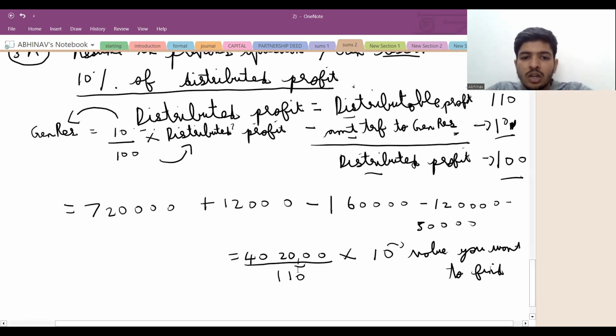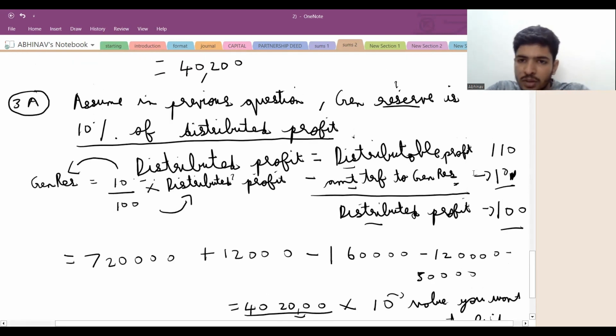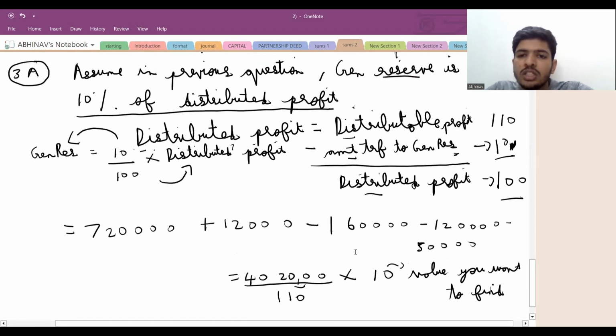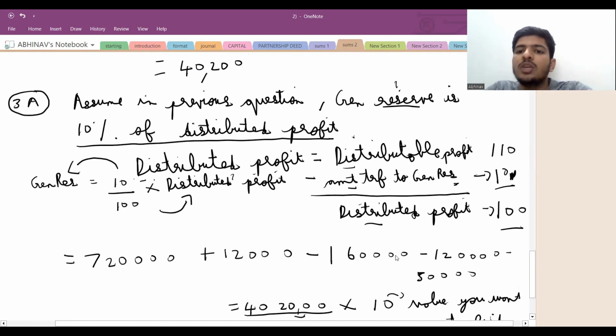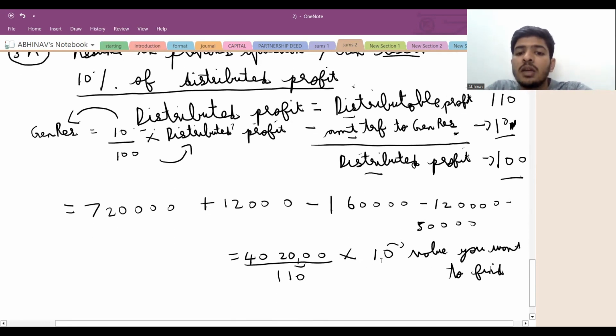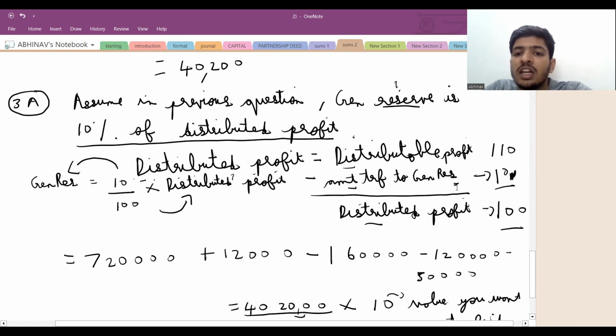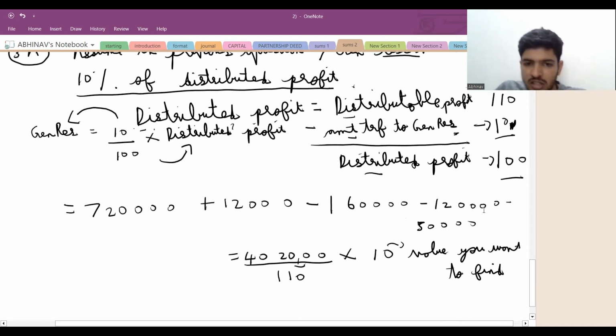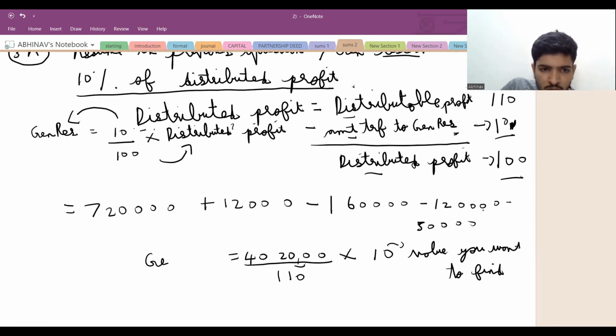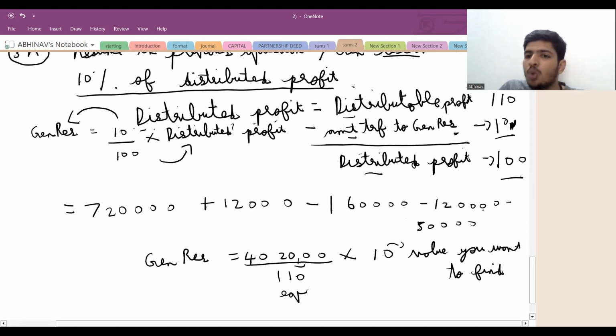Here 4,02,000 is distributable profit. So I am dividing distributable profit by 110, because 4,02,000 is the actual distributable profit, which is equal to 110. Then I'm multiplying it by 10. That is general reserve, because I want to find general reserve. So the formula is always divide by equivalent and multiply it by the value you want to find.